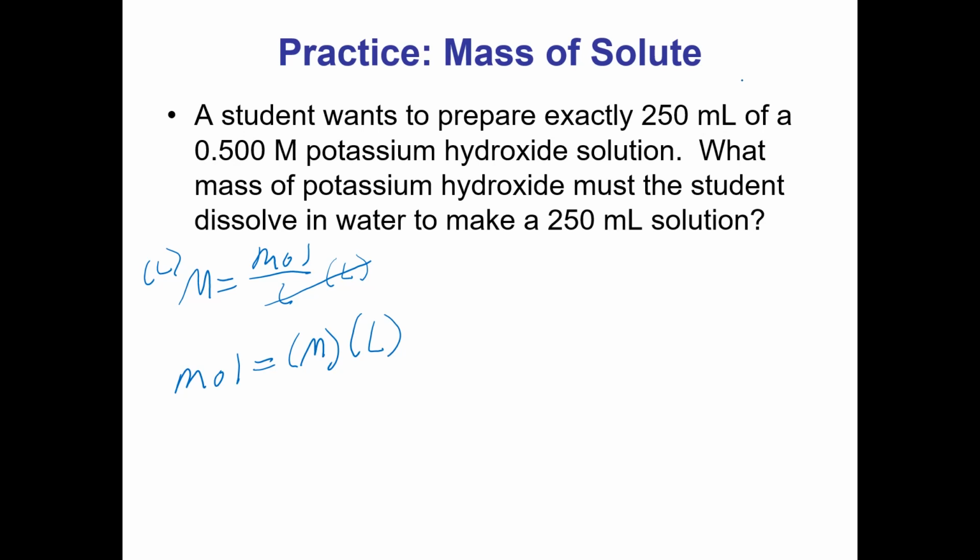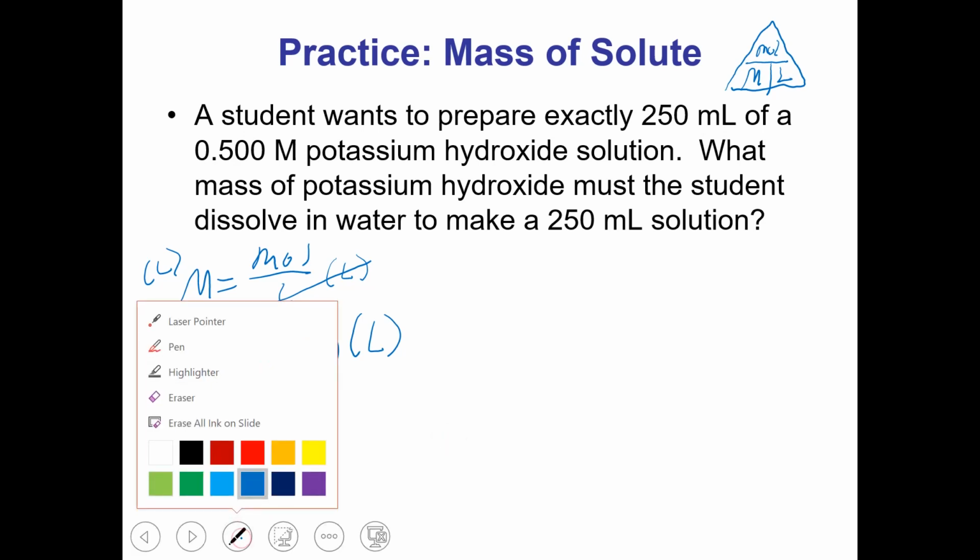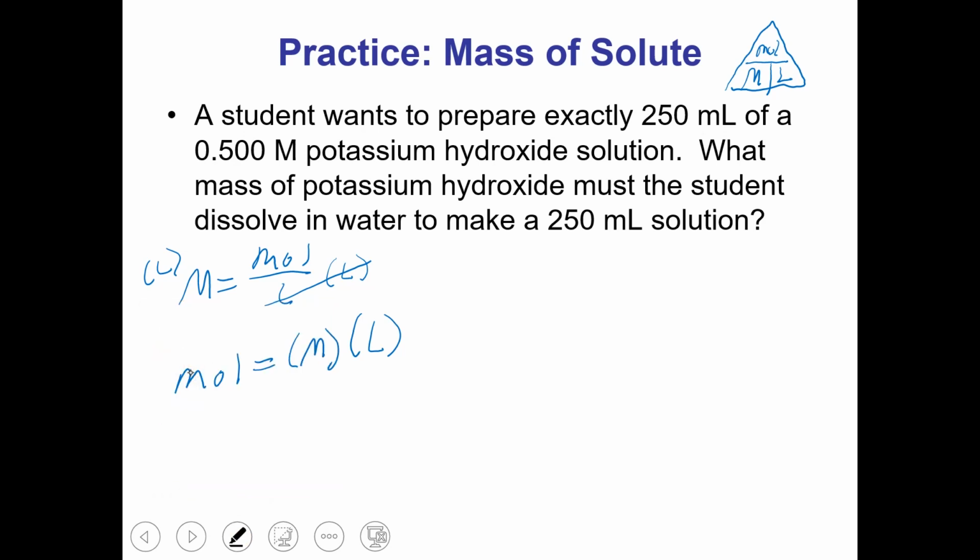Or if you like a little shortcut way, one thing you can do is you can draw a triangle and think about this in terms of what you're trying to find. So in the previous problems, we've been calculating molarity. So that would mean that we don't have molarity.